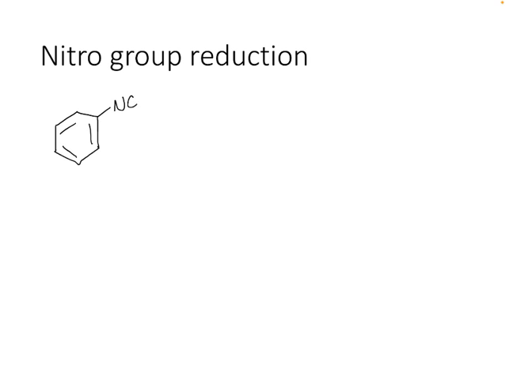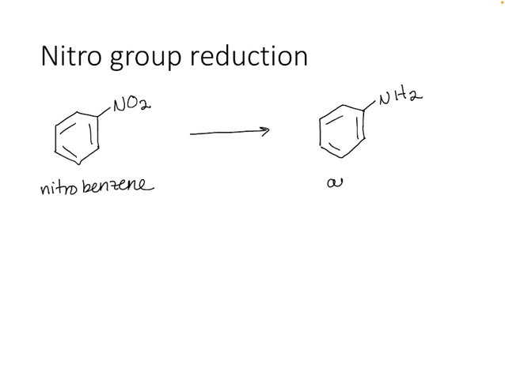So let's say you formed nitrobenzene, and you wanted to actually form aniline. So you wanted to turn those oxygens into hydrogens.